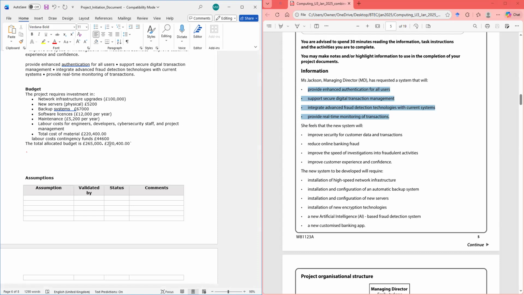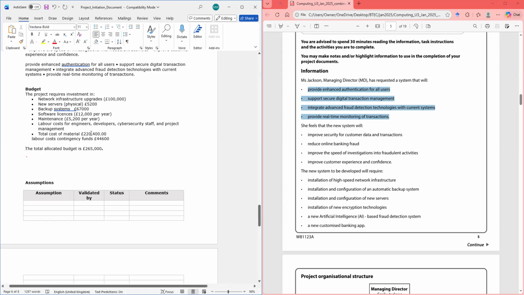So that's what we're going to have left for our labor cost. Because when we subtract the material cost from the total budget, that's what we'll have left for contingency fund and labor costs.